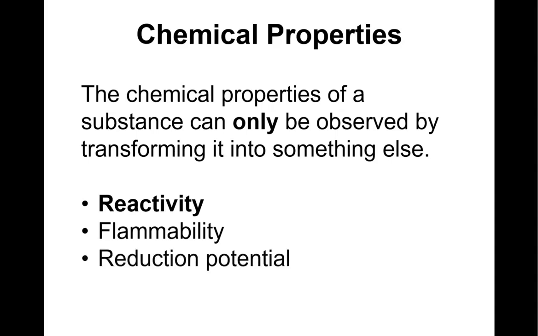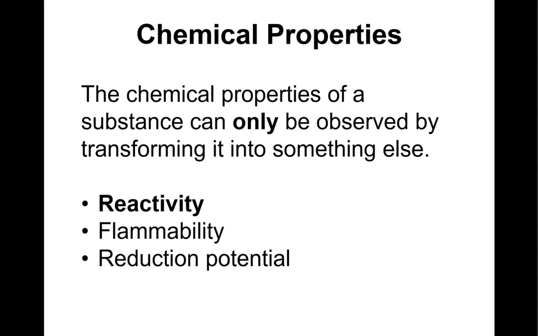Reduction potential, that's something that's more of an AP chemistry kind of thing. This is what happens in batteries, actually: certain substances have electrochemical properties and can generate a current.